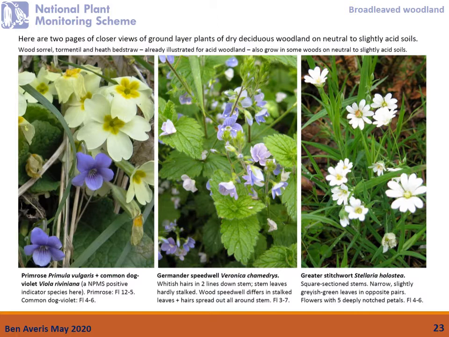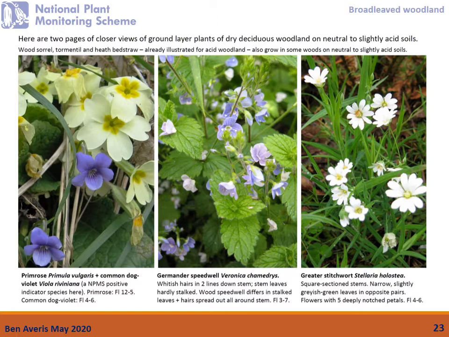But what's always a good way to confirm this species is if you look at the stem, a slightly darkish, reddish purpley tinged stem, and the hairs on it, instead of sticking out in all directions as they do on the stems of most plants that have hairy stems, it's like they've been brushed to two sides or combed to each of two sides, left and right, along the stem. Quite an unusual feature, very distinctive, and that tells you it's Germander speedwell.